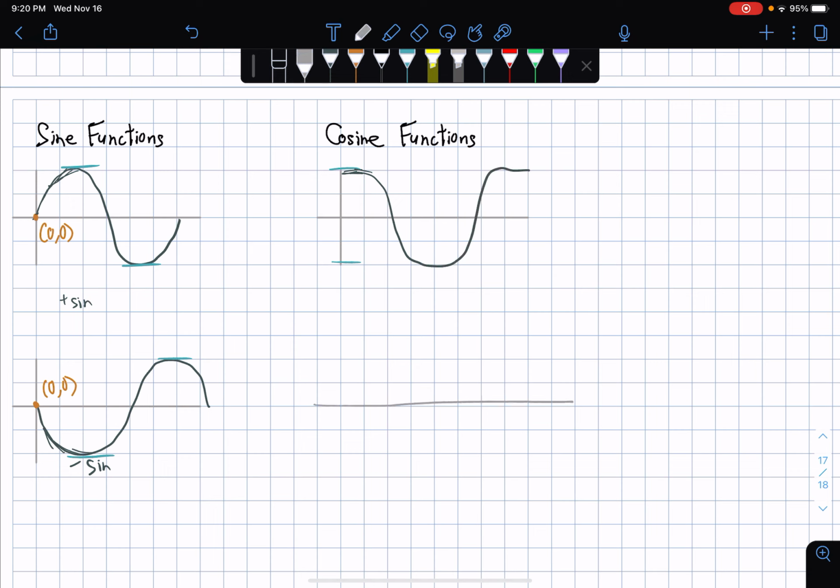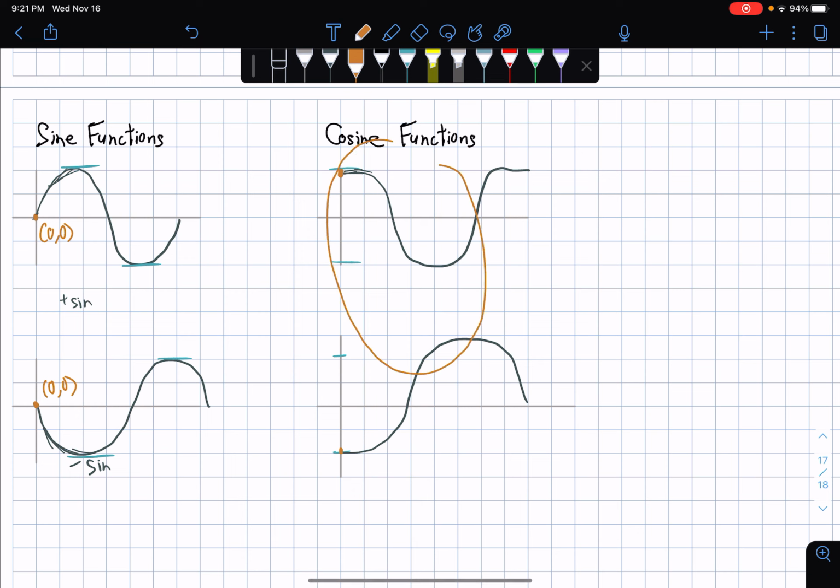If the cosine function is negative, we ascend from the bottom. So the distinction between sine and cosine functions is that for sine, the curve starts at the point of origin. For cosine, it starts at the amplitude, whether on top or below.